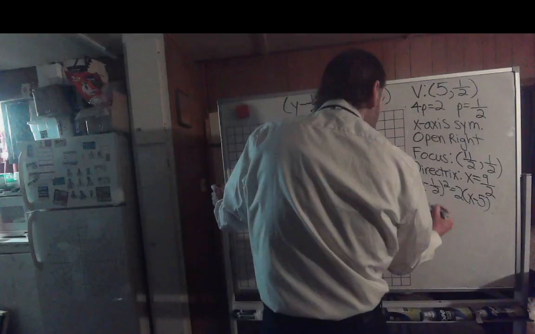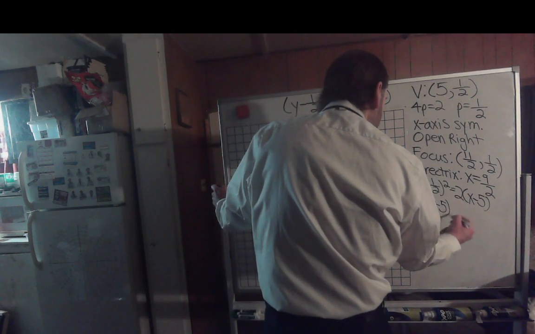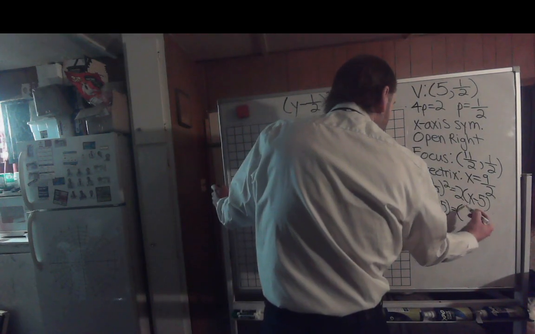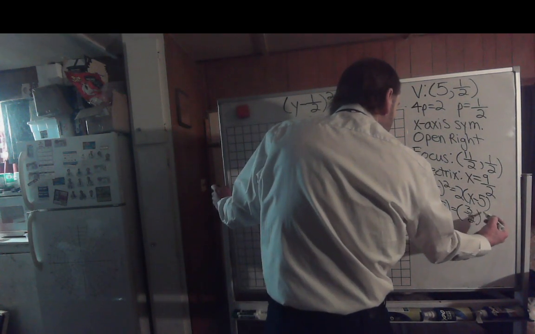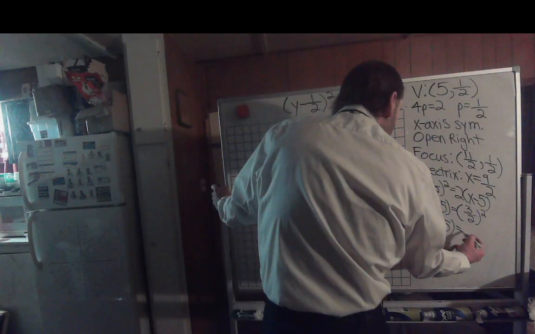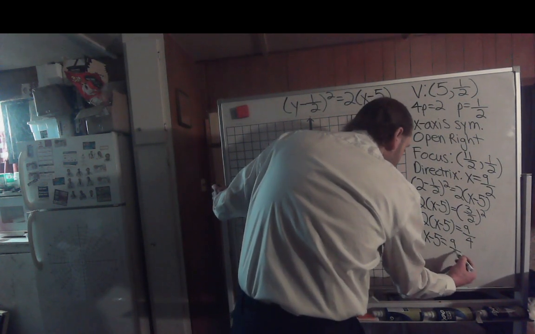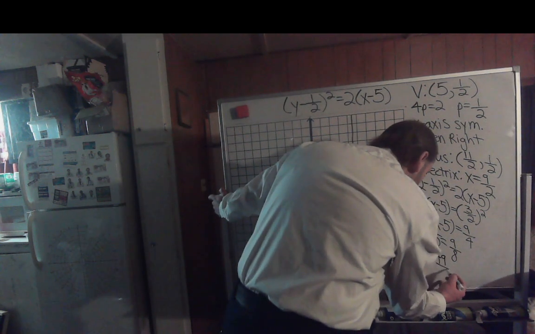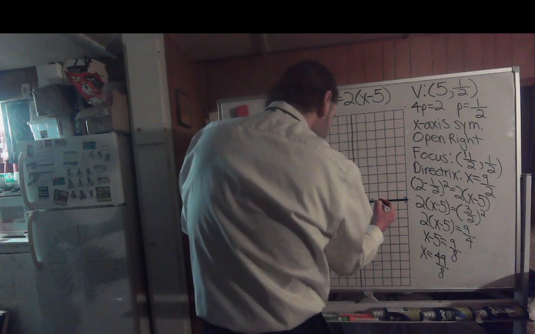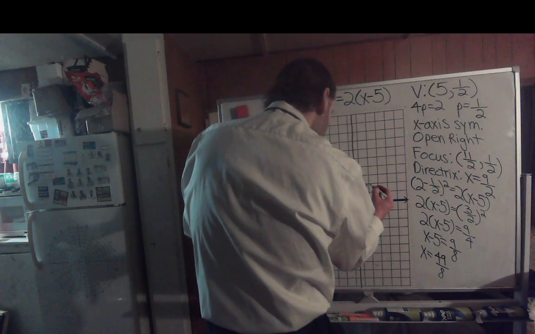So you get 2 times the quantity of x minus 5 equals (3/2) squared, which means 2 times the quantity of x minus 5 equals 9/4. So that would give you x minus 5 equals 9/8, which would mean x equals 5 plus 9/8. That'd be 49/8, which would be 6 1/8. So at 6 1/8, you also get that y equals 2.